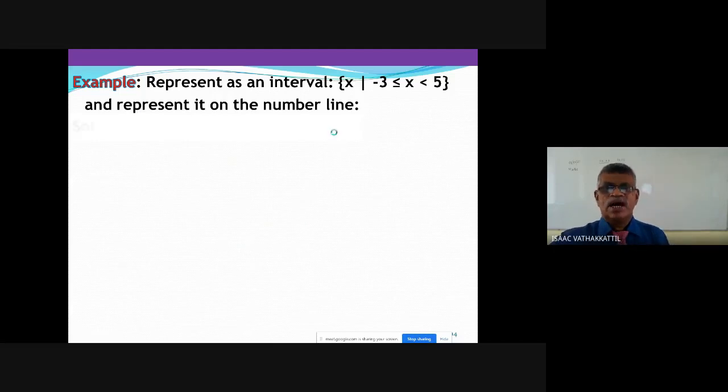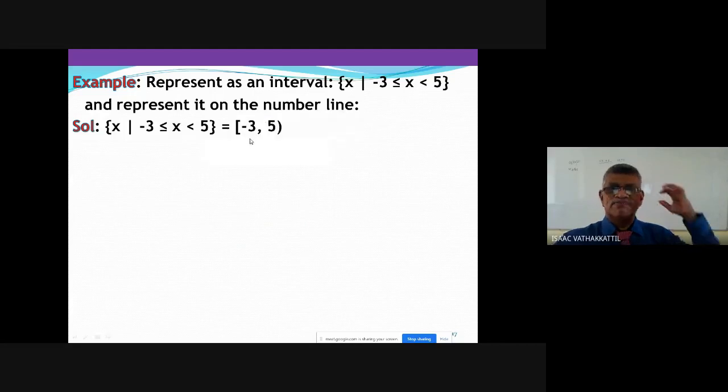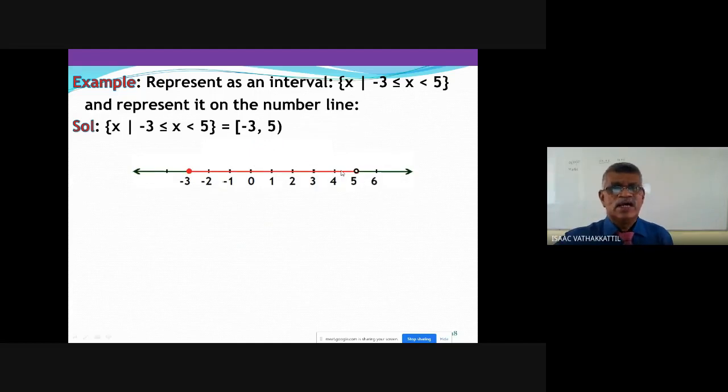Here, -3 less than or equal to x less than 5 is a closed-open interval, closed-open [-3, 5). See how it is closed-open. When you represent it on the number line, -3 is included, 5 is excluded.